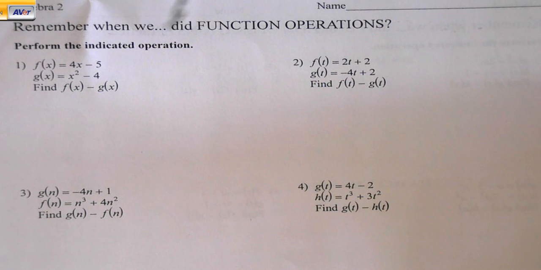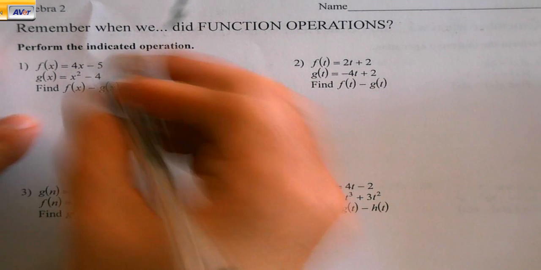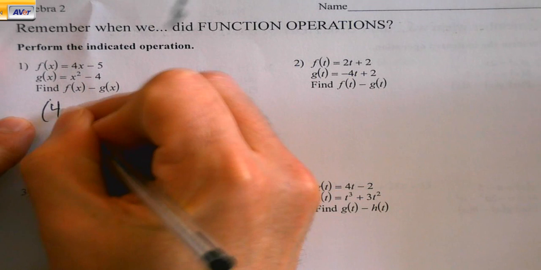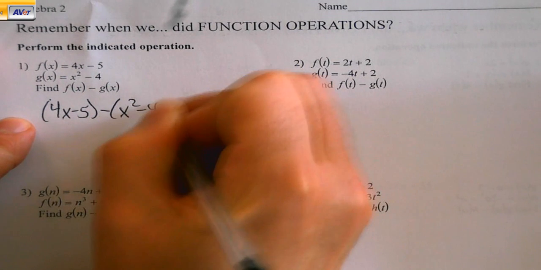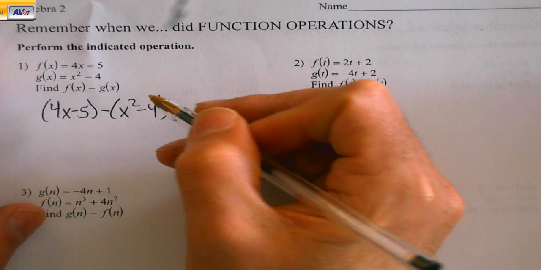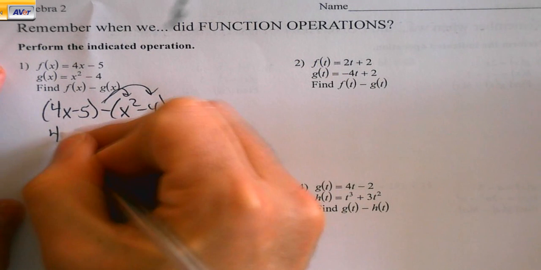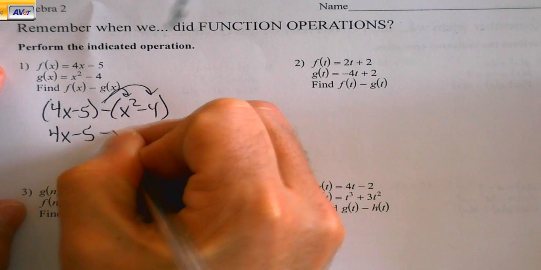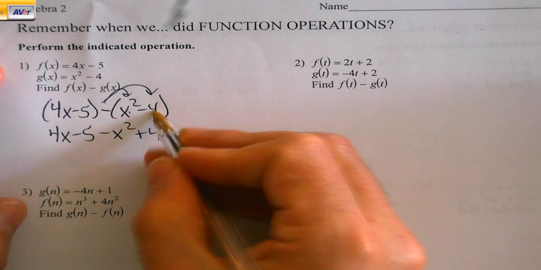So up here at the top, let's just start at number 1. Find f of x minus g of x. Now since it's subtraction, I need to distribute that minus through to both of my terms after the minus.